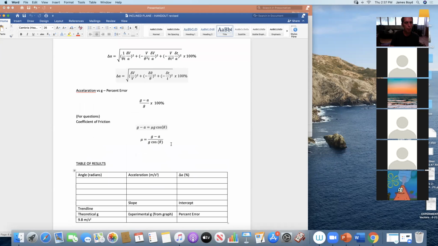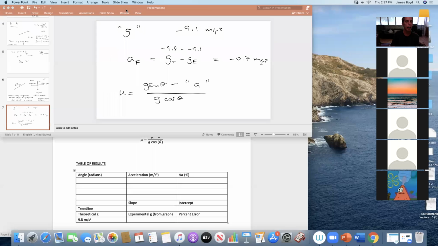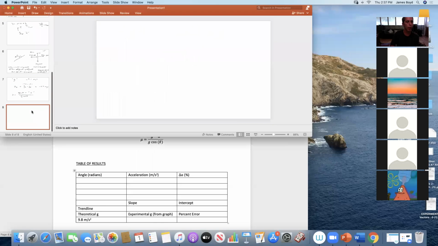Nope. G minus A is mu G cos theta. Oh, yeah, because I felt I was doing it weirdly wrong. So the force of friction is m A of friction is mu mg cos theta.